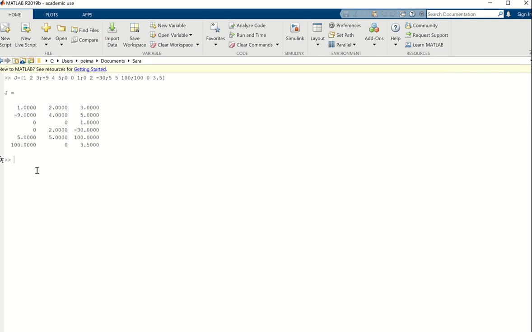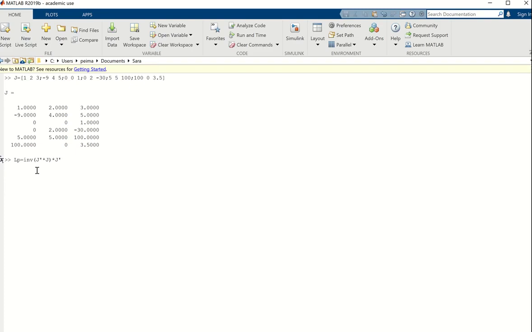As I said in the previous class, the left pseudo inverse is calculated as the inverse of J transpose multiplied by J, multiplied by J transpose.